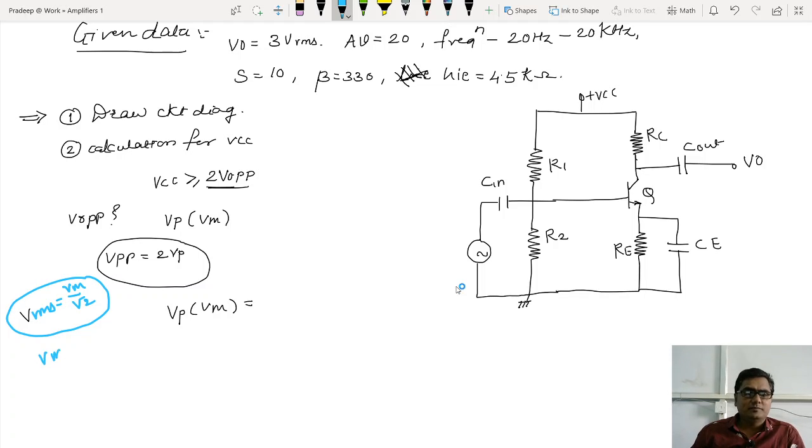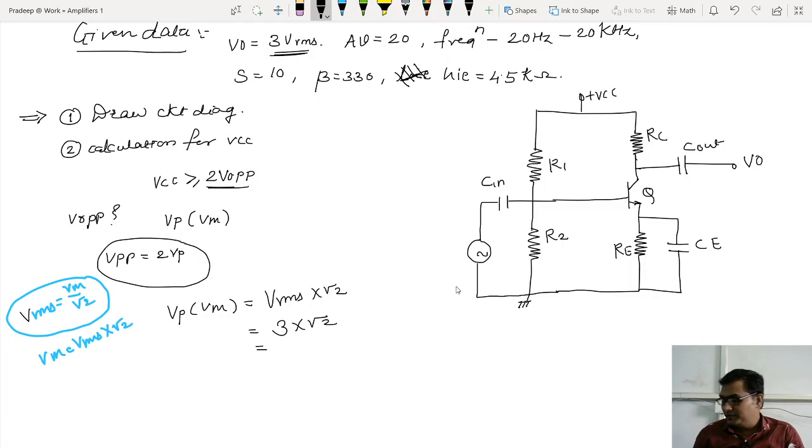Then VM will obviously be equal to VRMS multiplied by root 2. So V peak, that is VM, is equal to VRMS multiplied by root 2. But what is VRMS? It is 3. It is given. VRMS is given. Multiply by root 2, that's 3 root 2. So 3 multiplied by root 2. How much will it be?